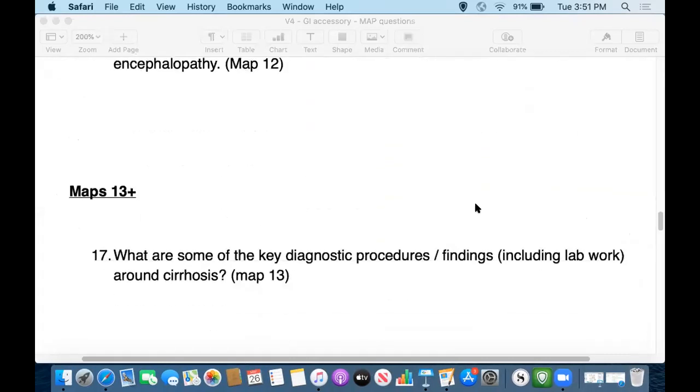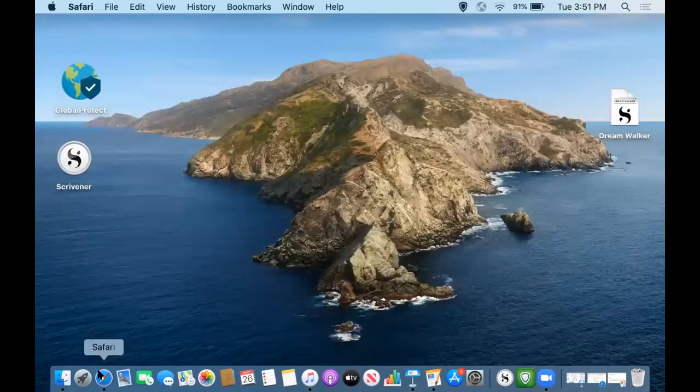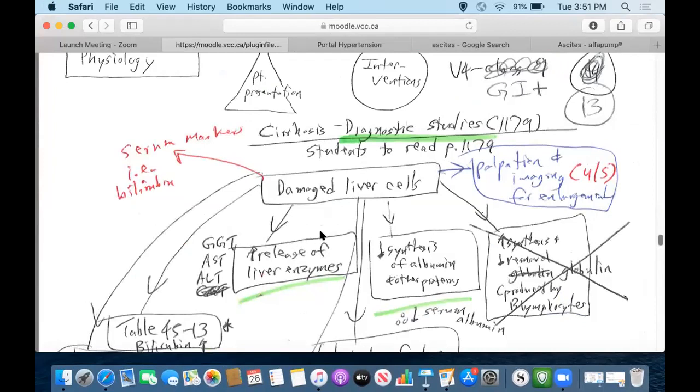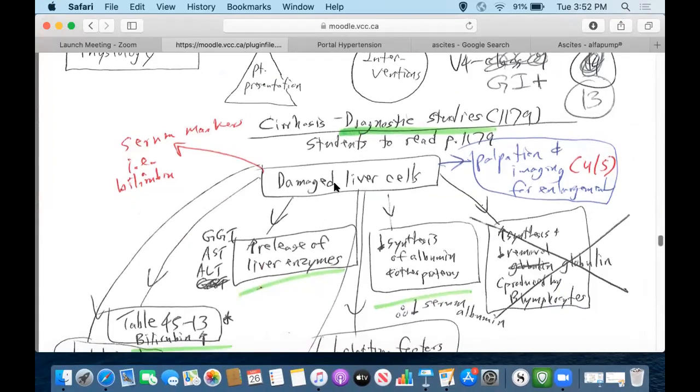And question 17 is just asking us to look at some key diagnostic procedures around cirrhosis, basically. So let's look at map 13 for that. There's a few of them. Obviously, where do we begin here?